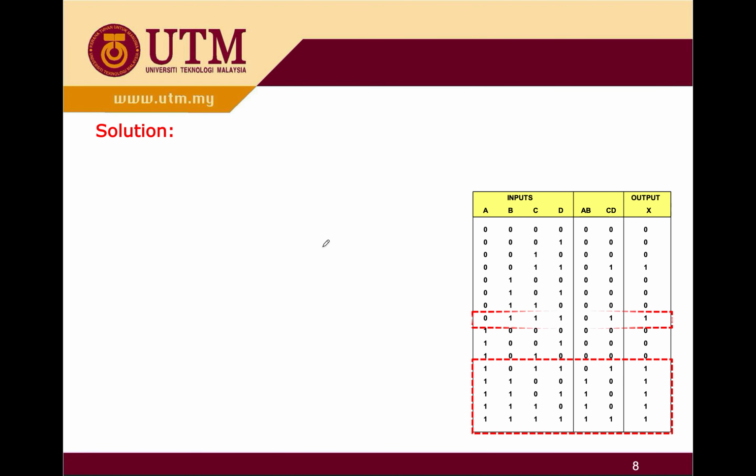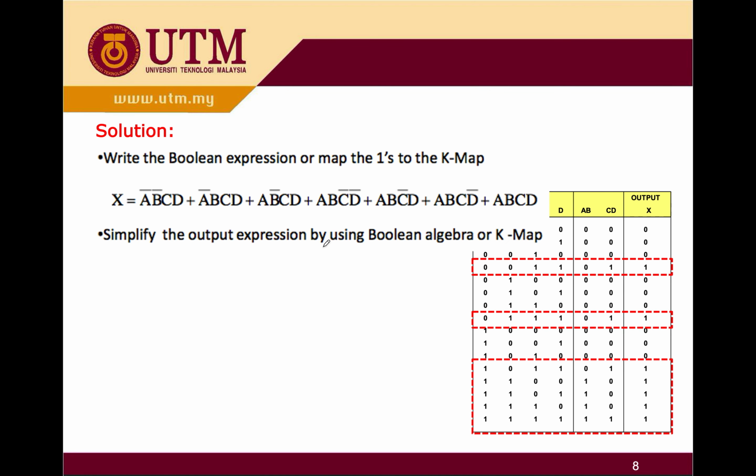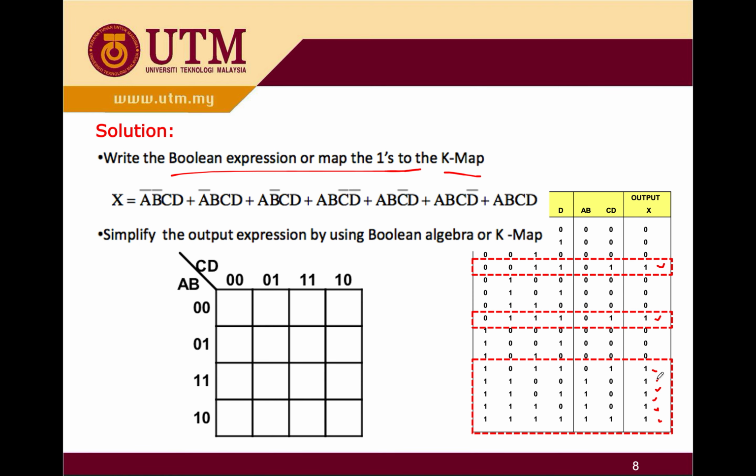If you look over here, there is a step which is to write the Boolean expression or map the ones, the output of one, onto the K-map. So you will get the SOP. From here you can see this is the output one, so you will draw it using your K-map over here.